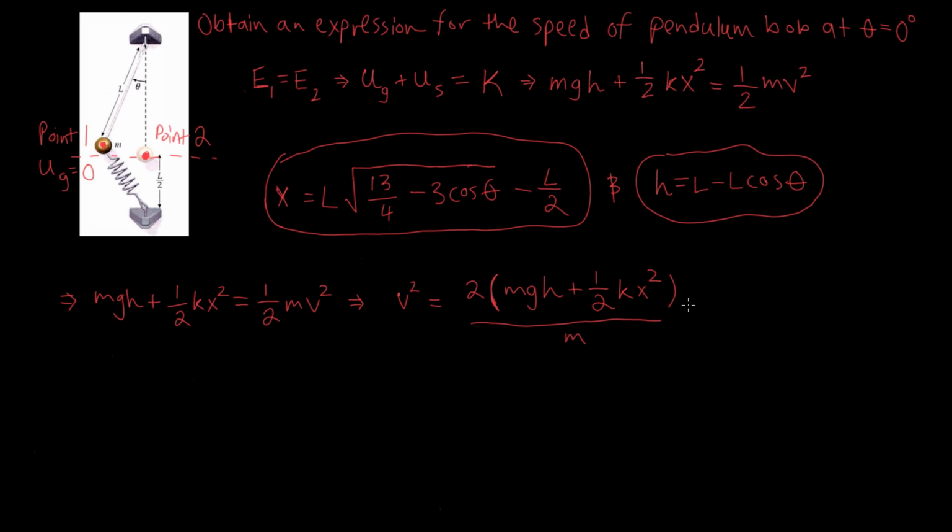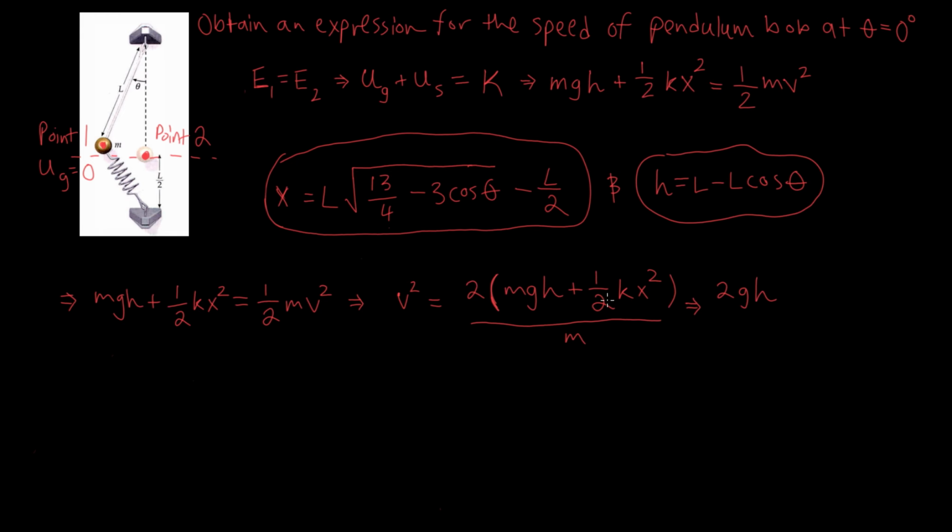Now let's simplify this down a bit further. We can distribute this 2 inside of the parentheses, and then we can also divide each of the terms by the variable m. So if we divide mgh by m, we get just gh times 2.